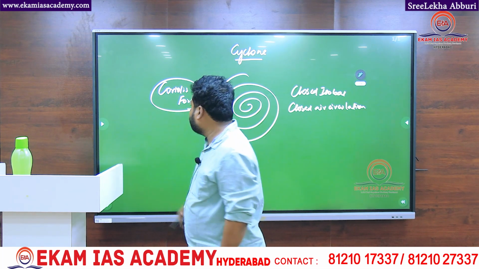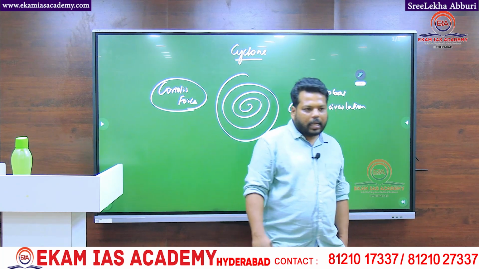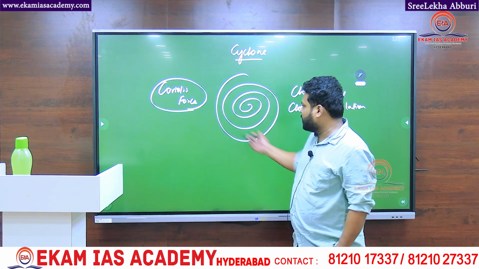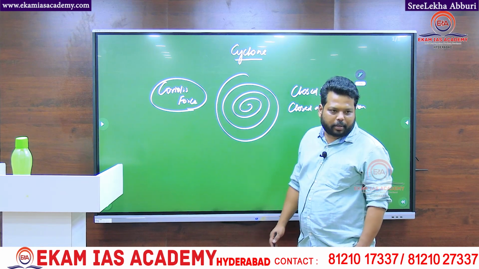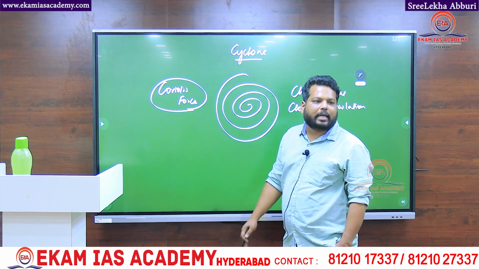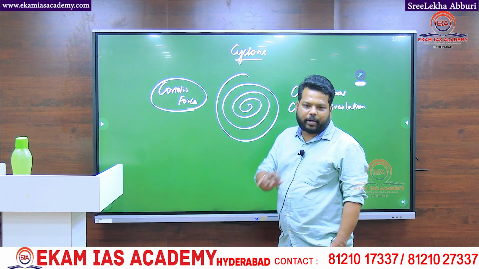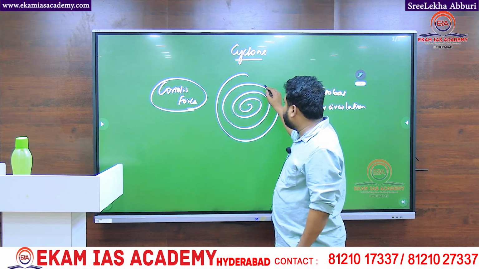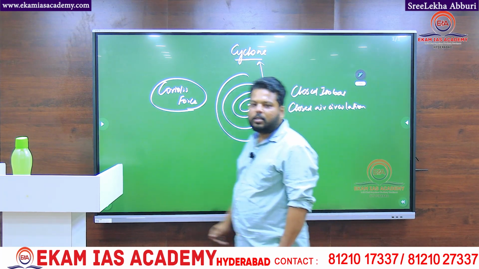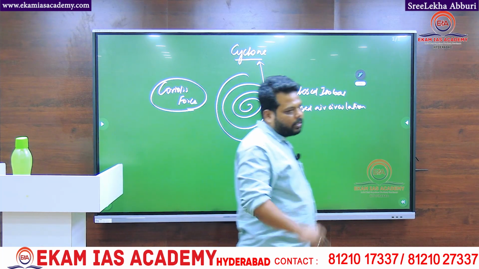So the closed isobar and the closed air circulation, coupled with Coriolis force, will give us this circular motion of wind, and wherever we have this circular motion of wind, we name it a cyclone.